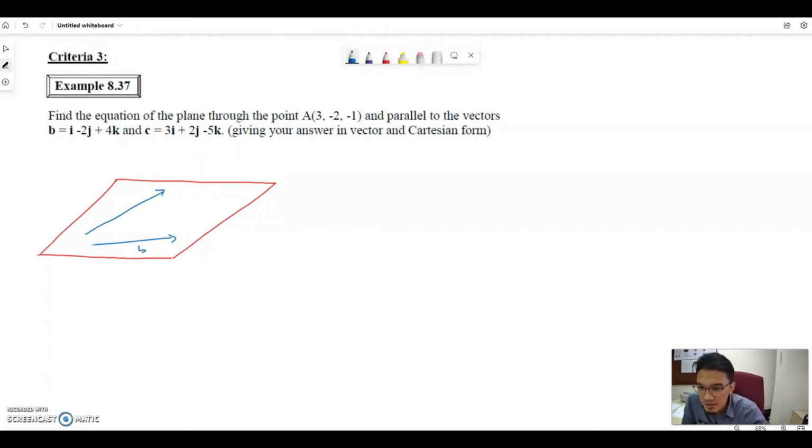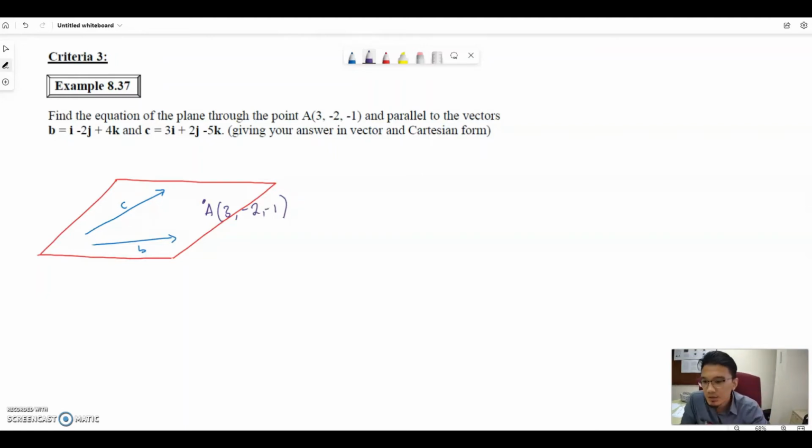The same thing applies for vector C. So that is what is meant by the plane parallel to the vectors. Vector B and vector C lie on the surface of the plane, and the plane also passes through point A, which is at (3, -2, -1).